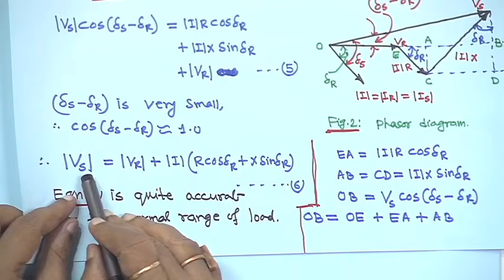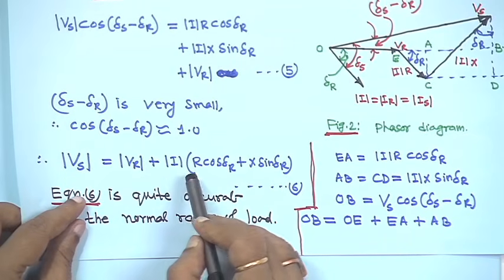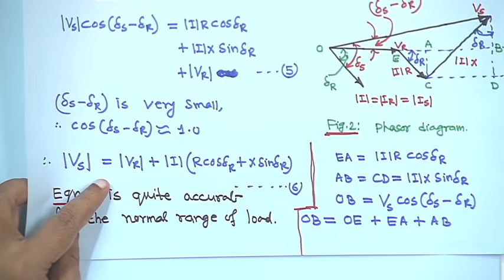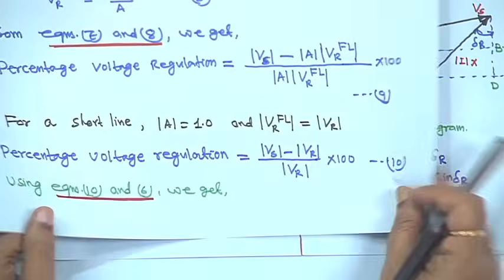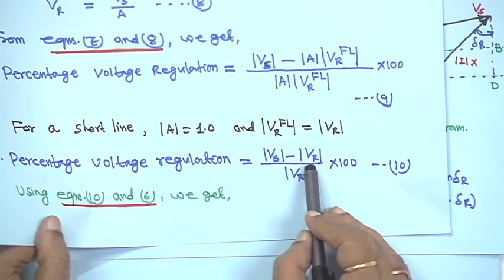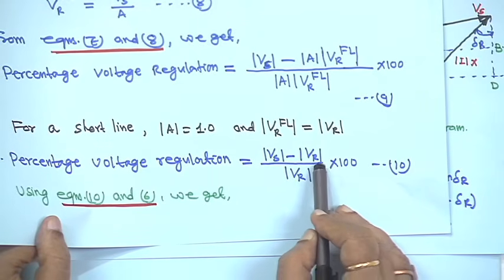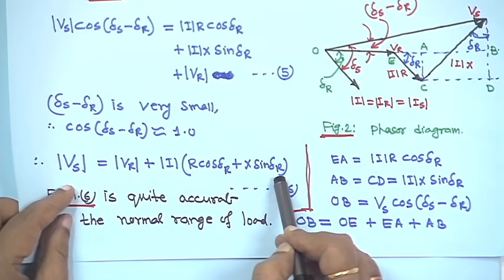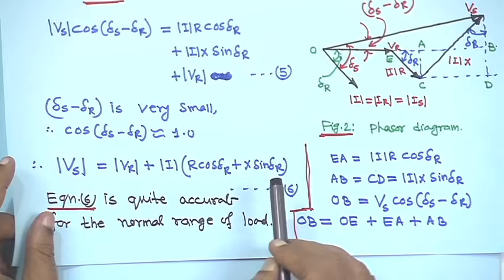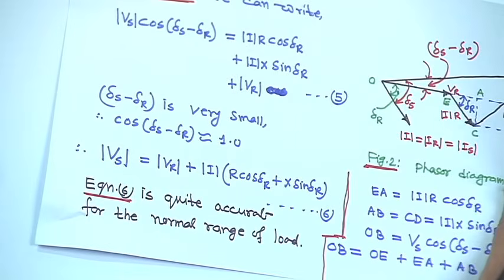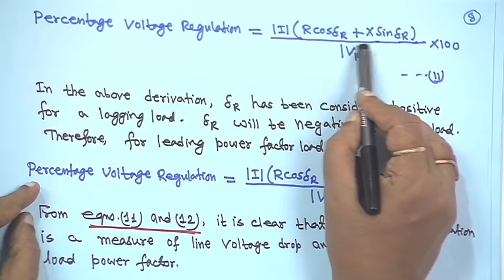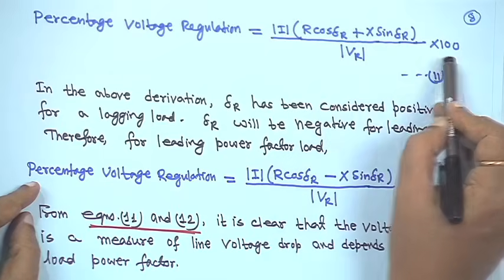That means magnitude Vs minus magnitude VR is equal to magnitude I into R cos delta R plus X sin delta R. In equation 10, replace magnitude Vs minus magnitude VR by this term. Then the percent voltage regulation will become magnitude I into R cos delta R plus X sin delta R, upon magnitude VR, into 100.